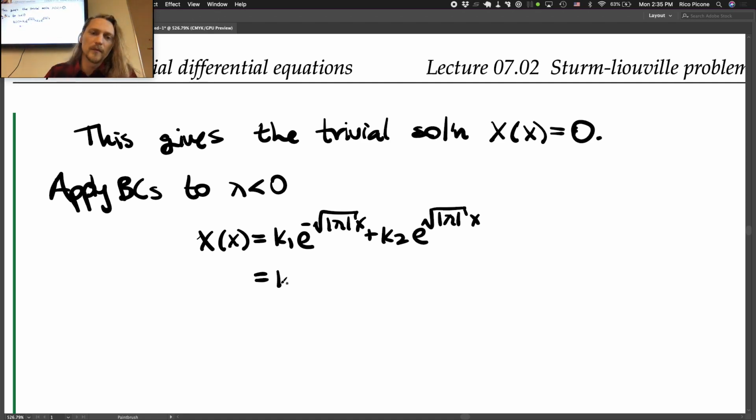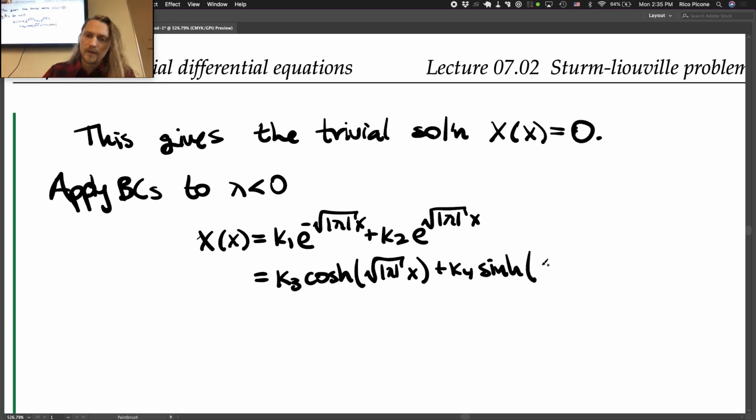So it's some new constant, k3, cosh, hyperbolic cosine of the square root of the absolute value of lambda x, plus k4, another new constant, sinh of the square root of the absolute value of lambda x.